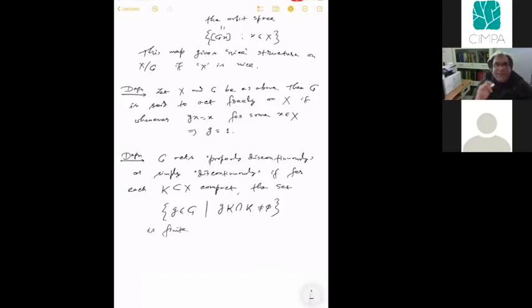Oh, sorry, I see why the erase button was coming again and again. Okay, so this is the definition of the free action and the properly discontinuous, or simply discontinuous, action.